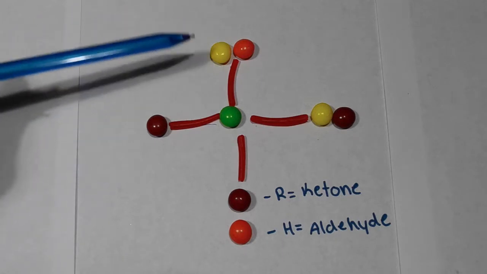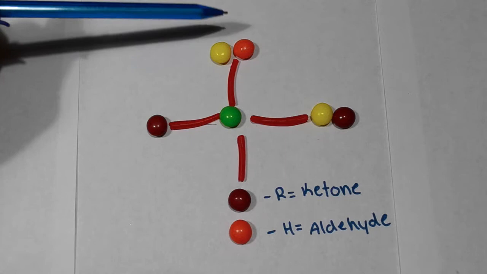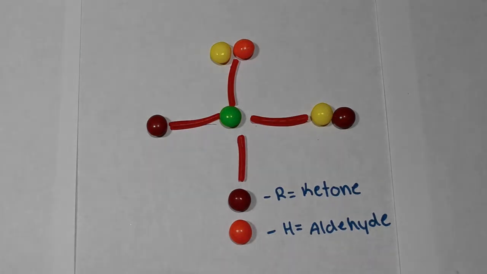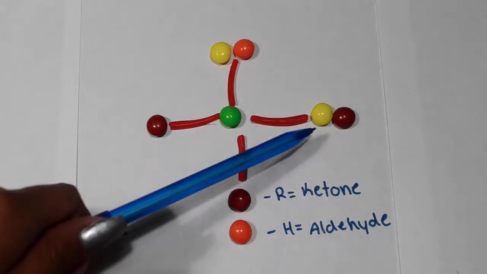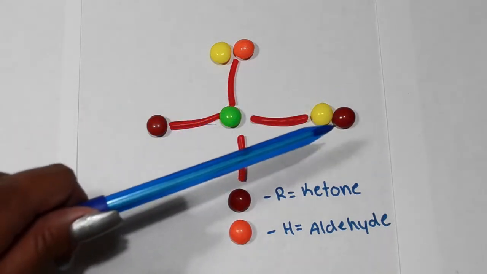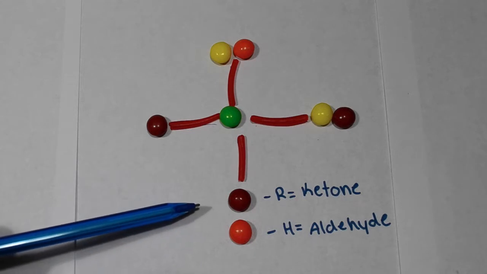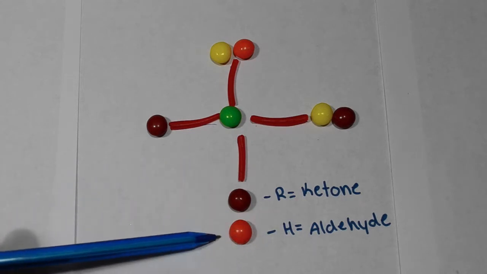Above the carbon, you will see the yellow oxygen and the orange hydrogen, which create the hydroxyl group. To the right of the carbon, there is another yellow oxygen, and attached to that, there is a red Skittle representing the R group. Lastly, at the bottom of the structure, there will either be a red Skittle representing an R group or an orange representing a hydrogen.